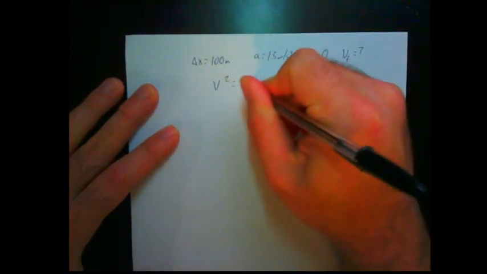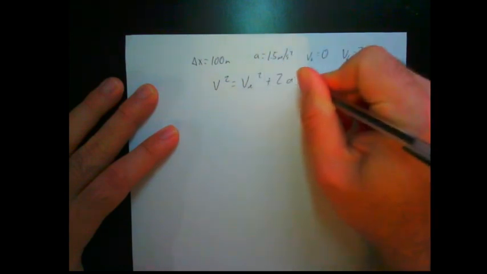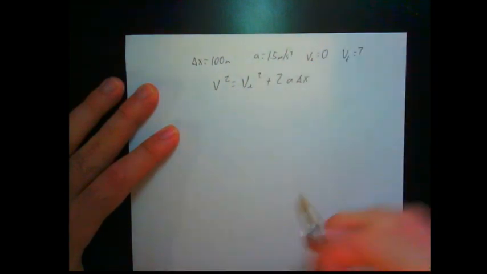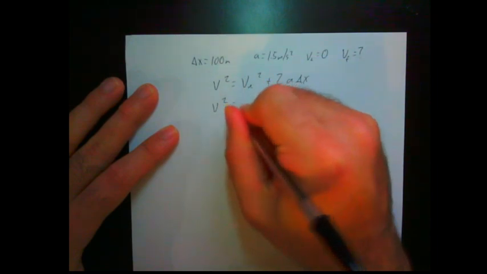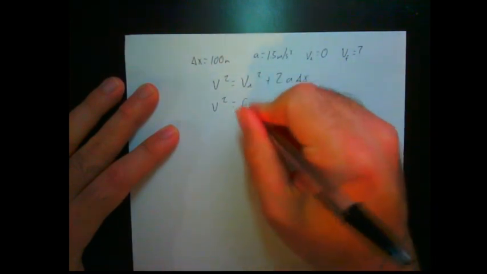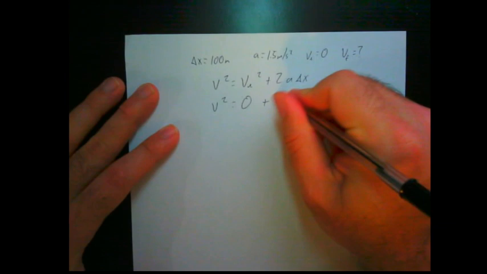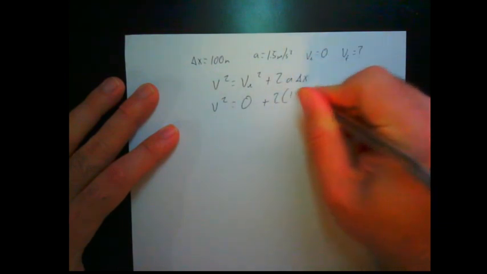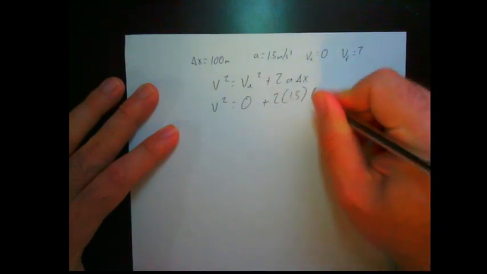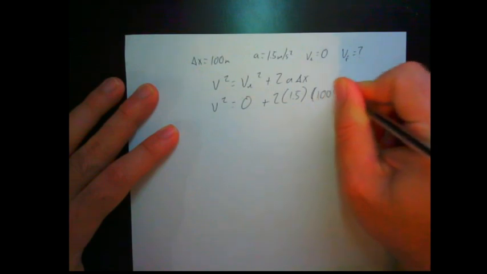Again, no time here, so we have to use v squared equals vi squared plus 2a delta x. V squared, that's what we're trying to figure out. Vi squared is 0, once again. 2, the acceleration is 1.5, and the delta x is 100 meters.